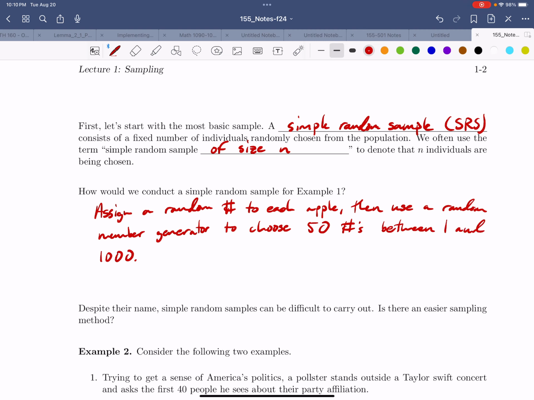And those 50 numbers would be the apples you chose. Choose those 50 apples.